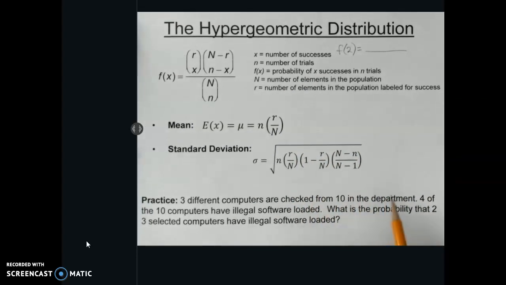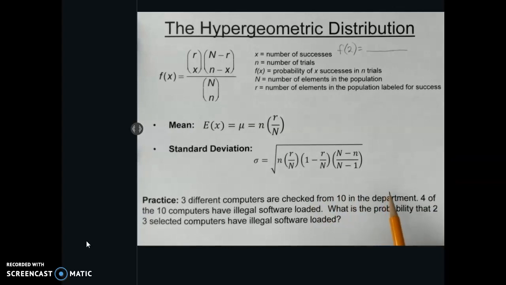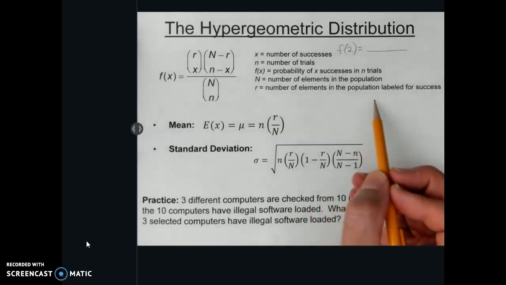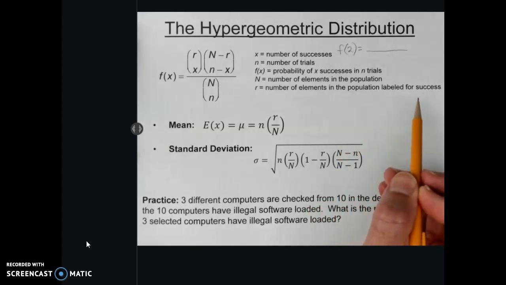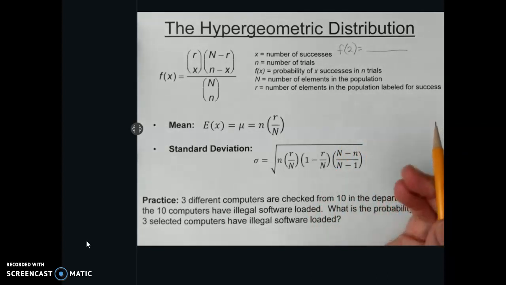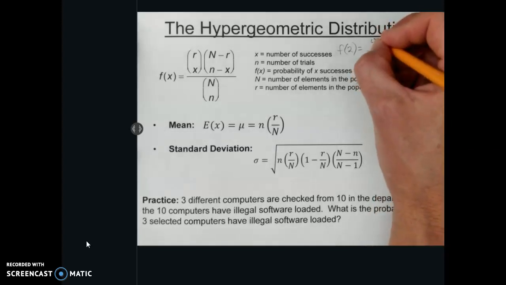Well, we know from down here that there are 4 of 10 computers that have illegal software. So 4 is the number of elements in the population labeled for success, because success in this experiment is illegal software. Okay, so we're going to put 4 here.